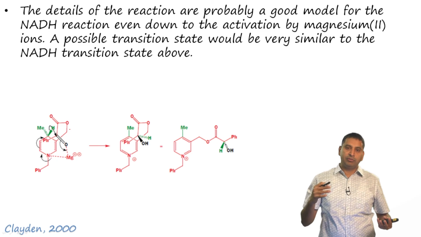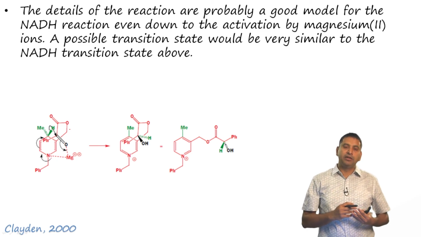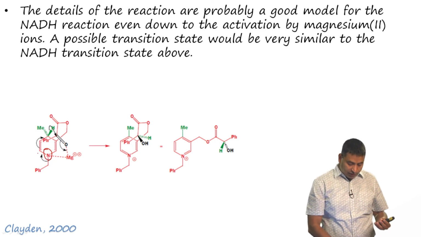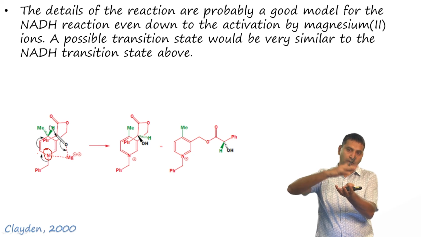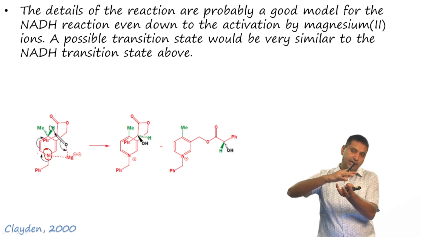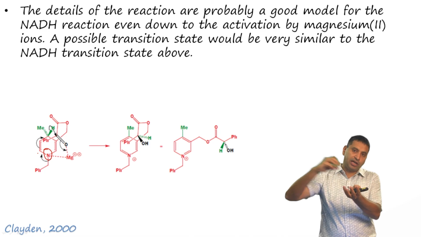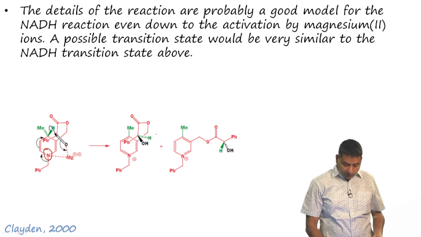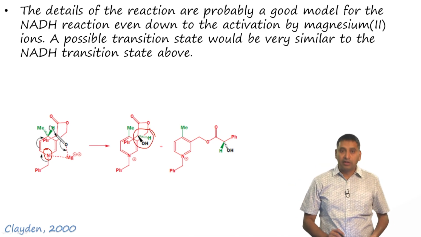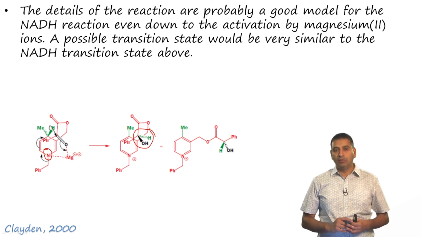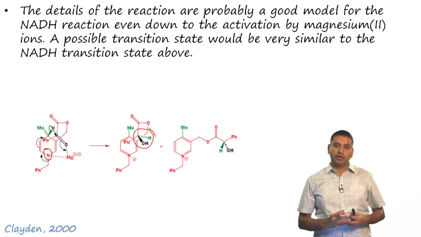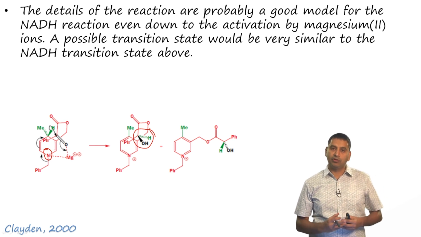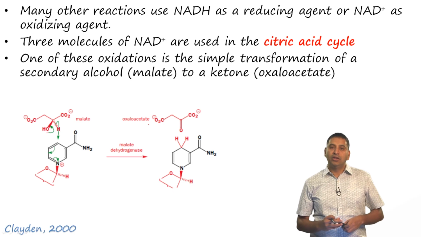Once you add magnesium ion, magnesium can coordinate with the pyridine nitrogen over here and the carbonyl, and this locks the molecule in a particular conformation through which the hydride can be transferred in a very selective manner, giving you the product as shown here. So, such model systems are very useful to understand the mechanisms of these kinds of reactions.